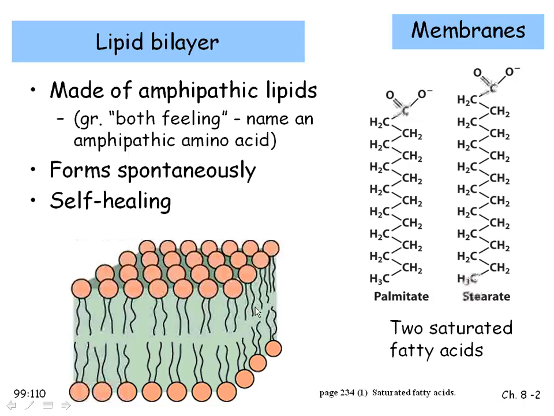Now, what makes this lipid bilayer form is the fact that it's made up of amphipathic lipids. Now, amphi, you're familiar with from amphibians, animals that can live in water and land. Pathic, feelings, strong feelings like sympathy and antipathy. So amphipathic lipids have both feelings. They are both hydrophilic and hydrophobic, if you like.